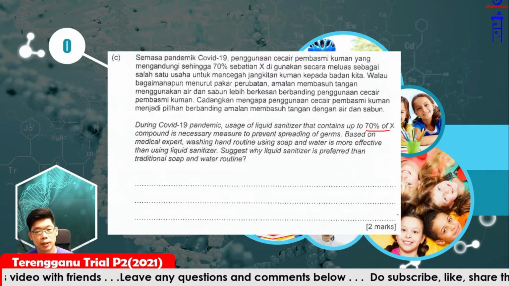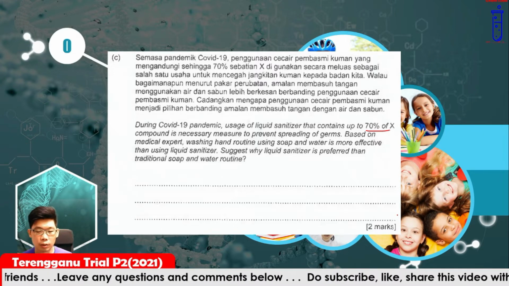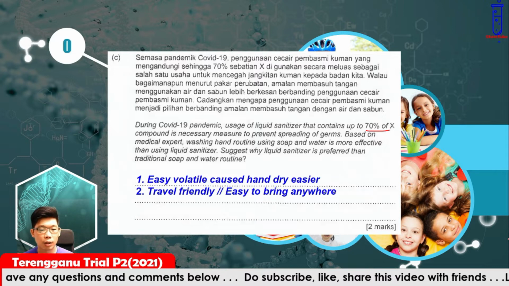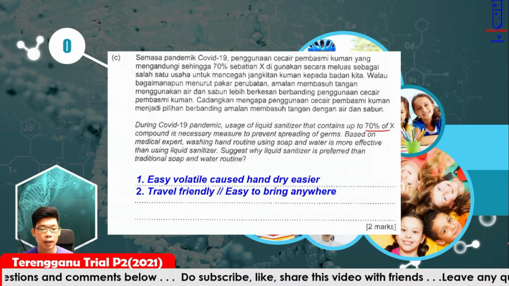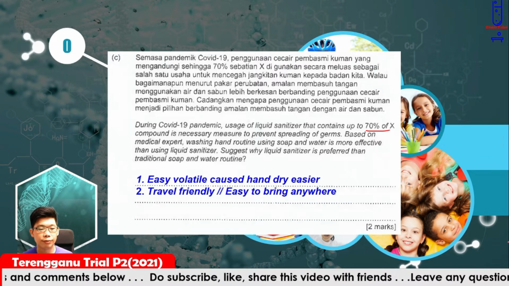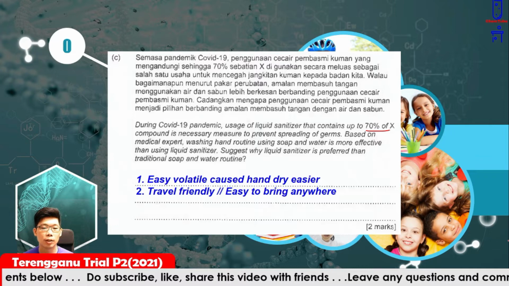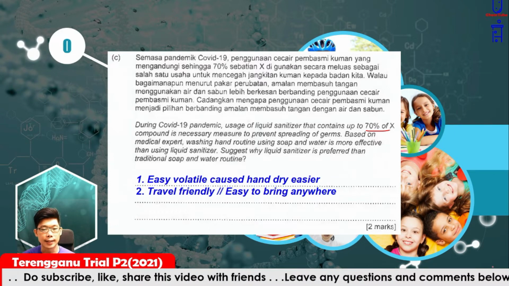Suggest why liquid sanitizer is preferred than the traditional soap and water routine. Why? Okay, so easy, volatile, the hand can dry easier, and then it is travel friendly, easy to bring anywhere. So this is a major reason why we like to use the hand sanitizer.